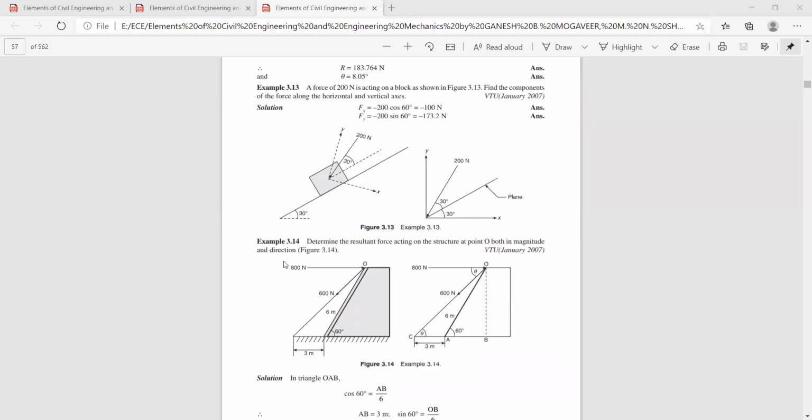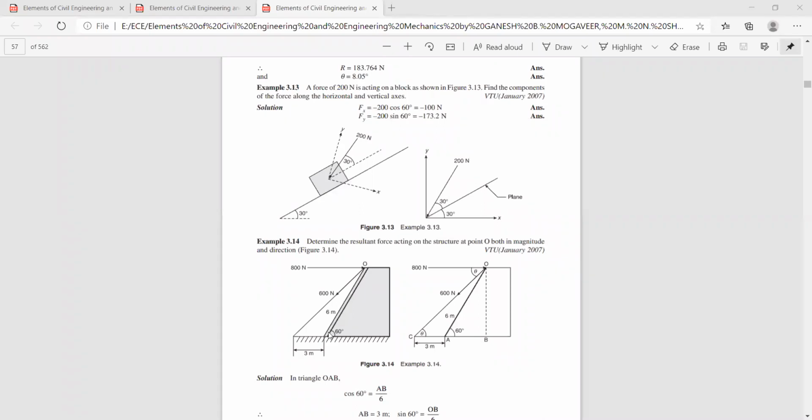So next, let us discuss this problem. Determine the resultant of forces acting on a structure at point O, both in magnitude and direction. Here you have a structure, and at this point it is subjected to a force of 800 Newton and a force of 600 Newton. This side is 3 meter, and this length is 6 meter.